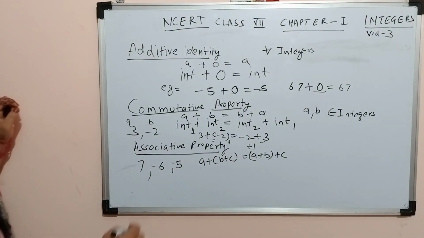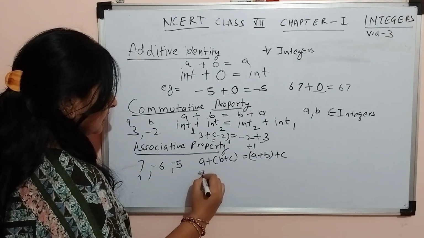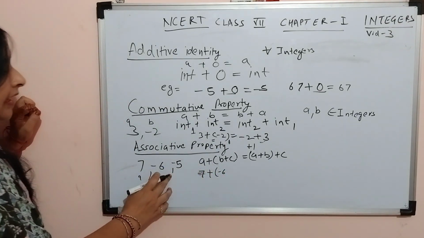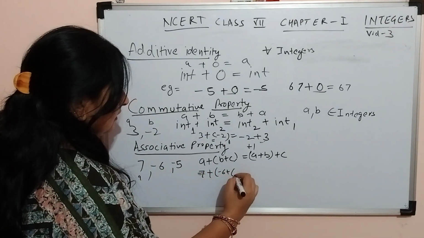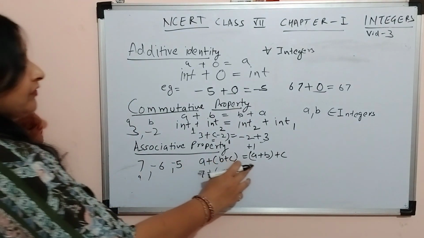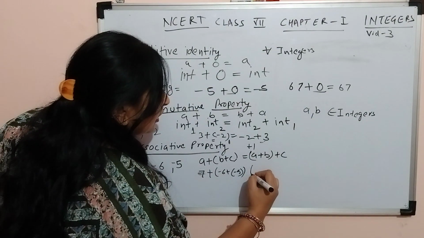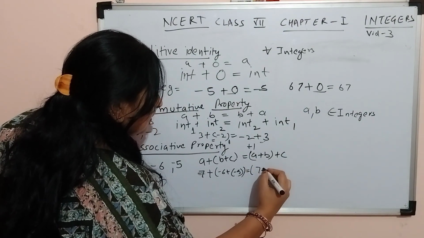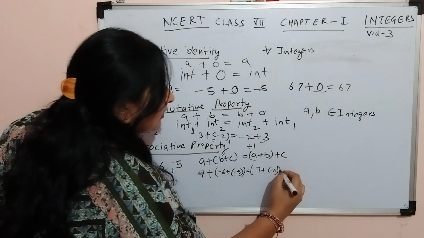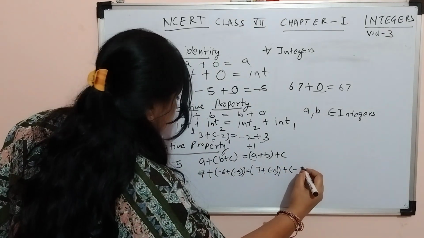Now a plus b plus c will be, a is 7 plus b is minus 6 and c is plus minus 5, and we will write it in the form of a plus b, and c. Then a is 7 and b is minus 6, so this will be 7 plus minus 6 plus c, where c is minus 5.